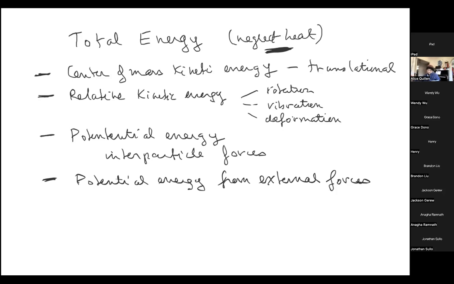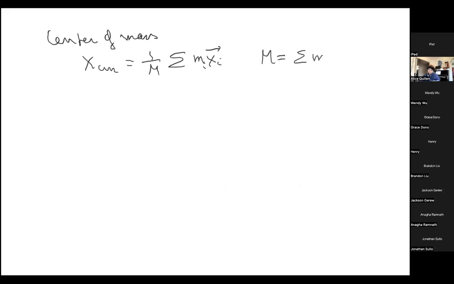Okay, so let's do a quick review of the formulas we've done in this section. The center of mass. We wrote center of mass in a bunch of different ways. You can write it out as a sum over particle positions, where m is the total mass summed over each particle.